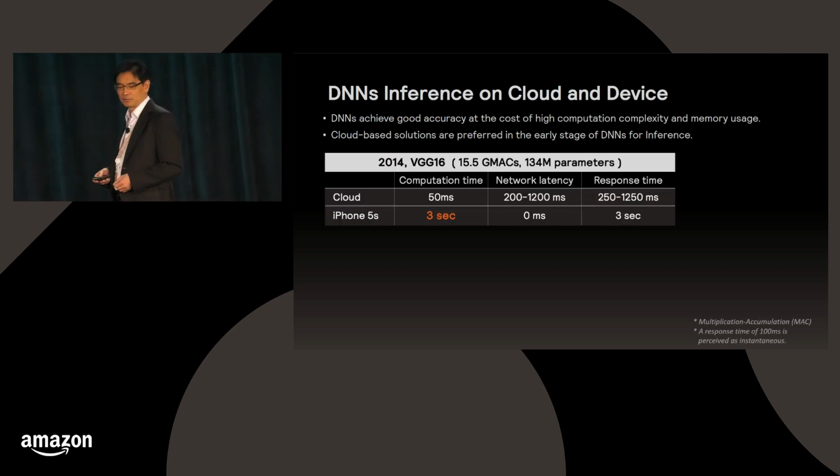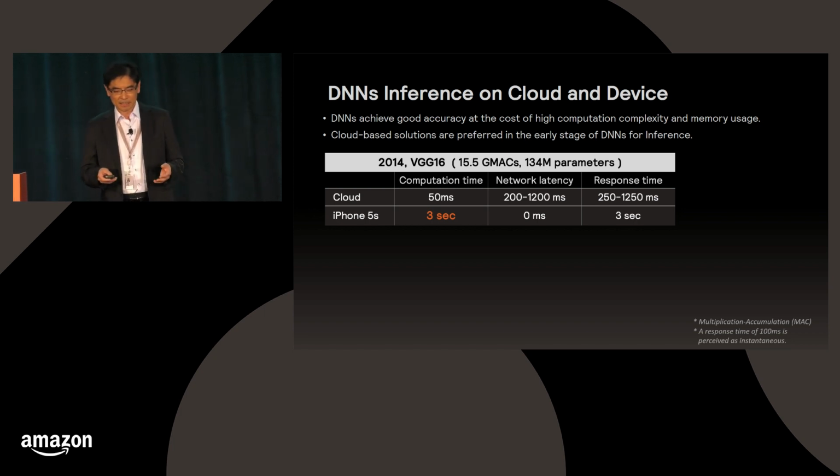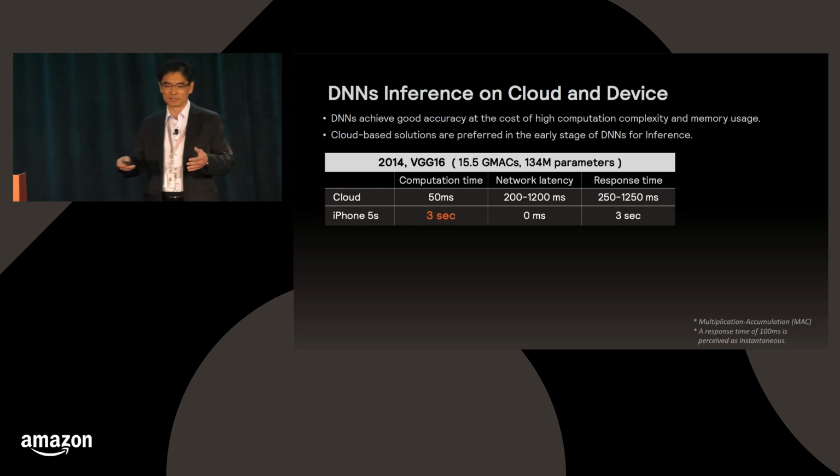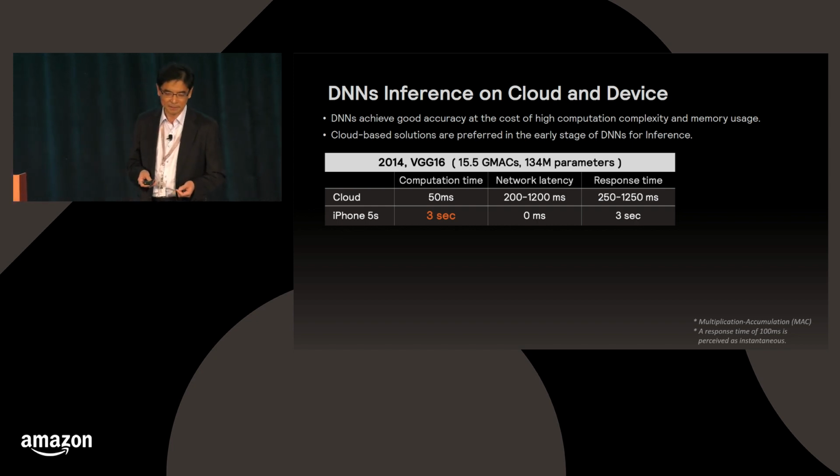Let's look back to 2014. VGG16 is the most well-known deep network at the time, and here the numbers 15.5 giga MACs and 34 mega parameters stand for the complexity of the network, where MACs stands for multiply-accumulate operations.